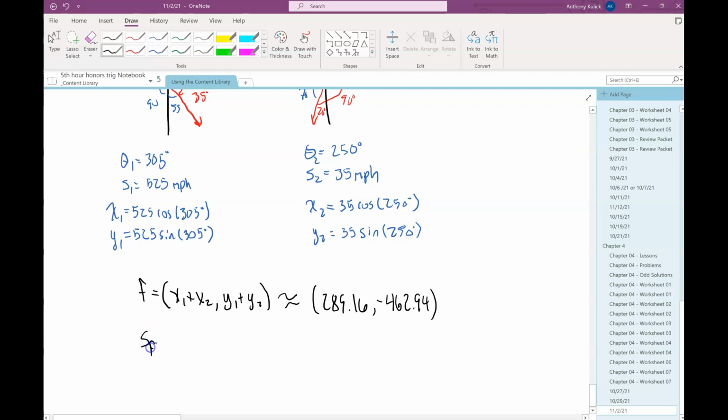So my final speed is just going to be like the Pythagorean theorem.